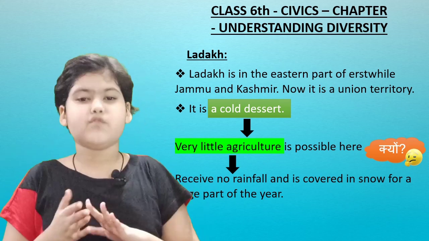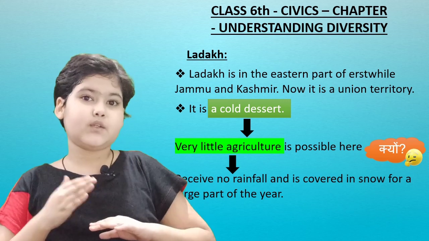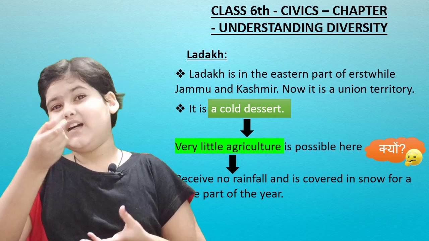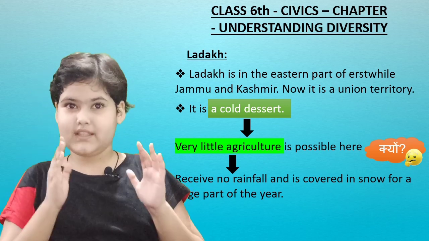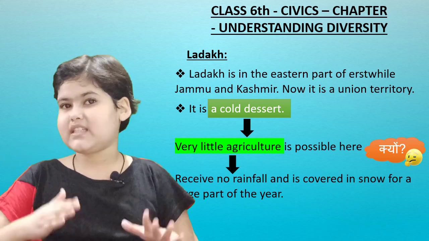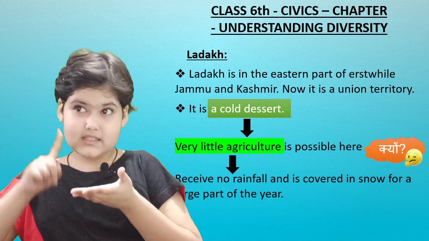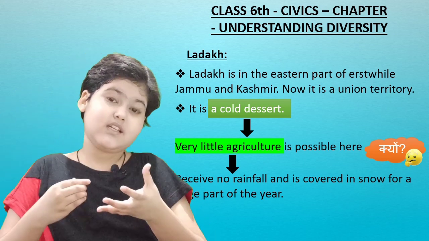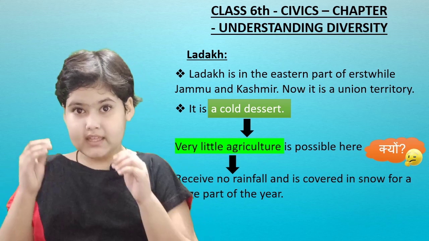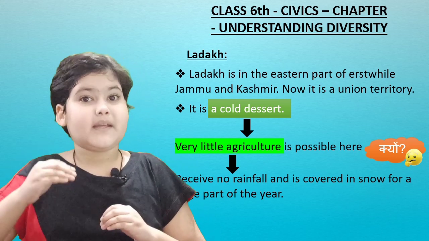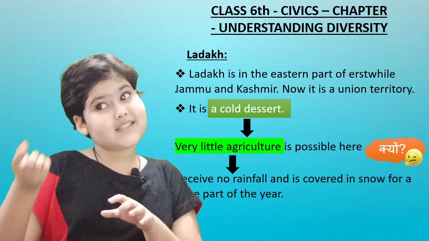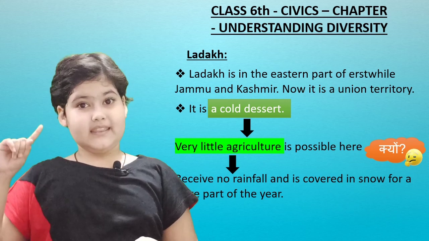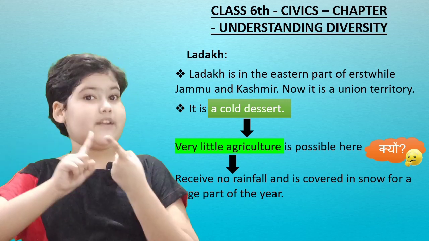First of all, I'll be telling you about this cold desert. It's not a topic, it's simply a very easy concept. Firstly, how do we consider a place as a desert? There are some conditions by which we can say that a place is a desert. Let me tell you. In that area, there is less rainfall.